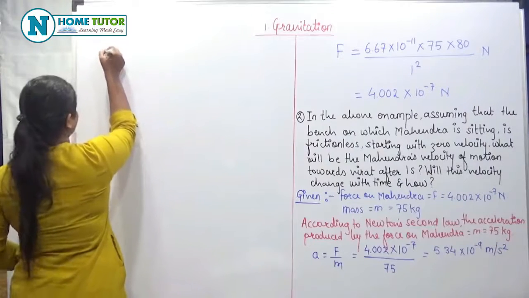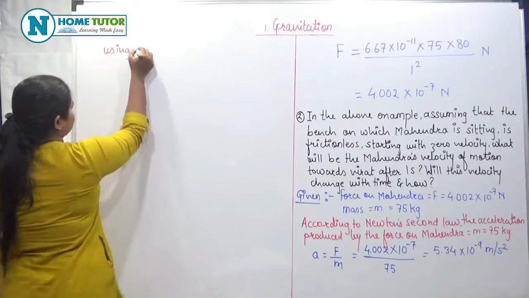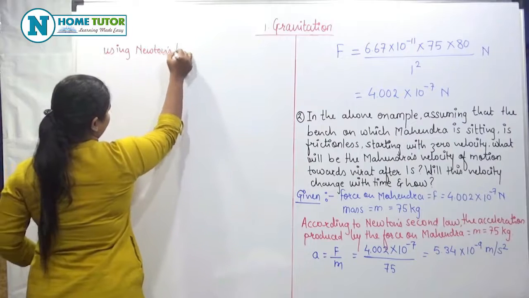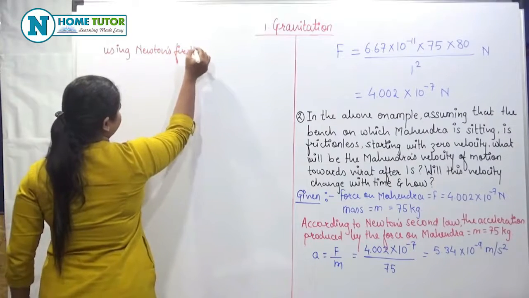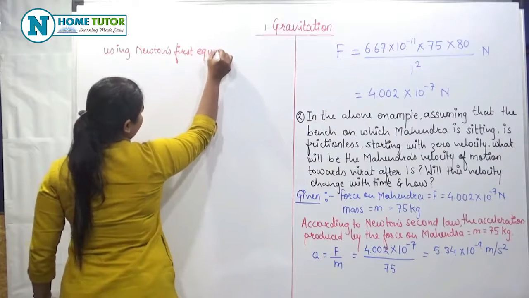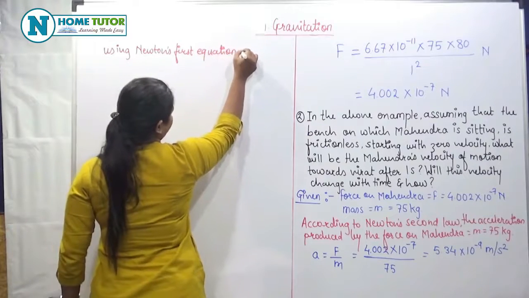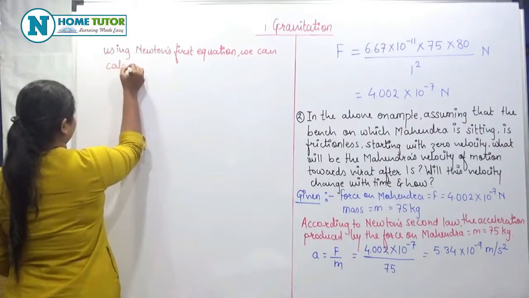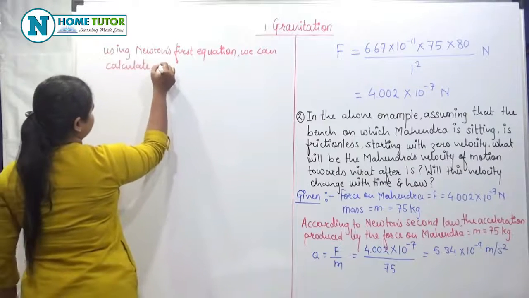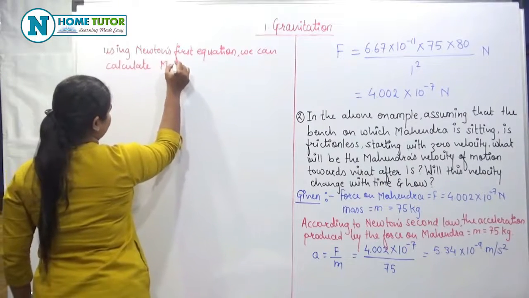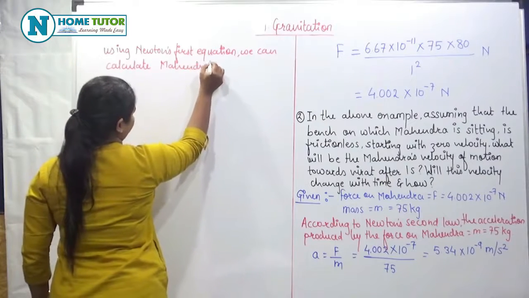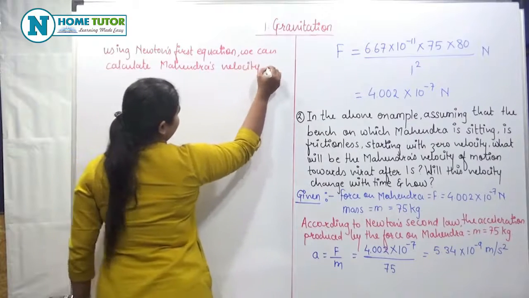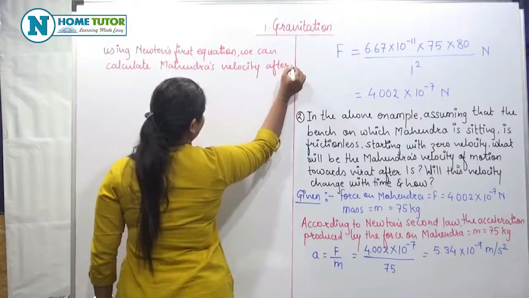So using Newton's first equation, we can calculate Mahendra's velocity after 1 second.